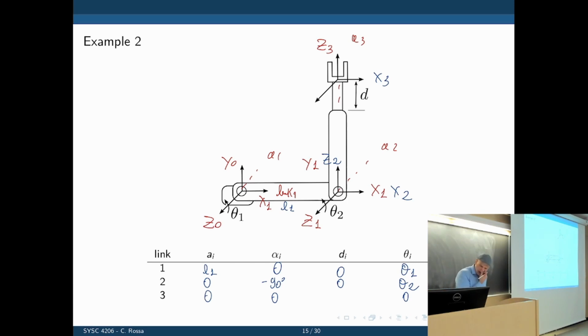What's d? d is the translation of the x-axis along z. Can x3 translate with respect to x2 along z? Yes, it can. By d plus L2, and L2 is that distance.